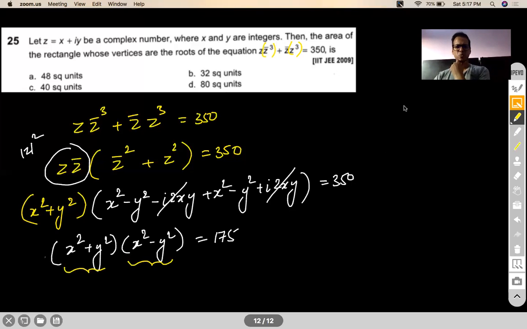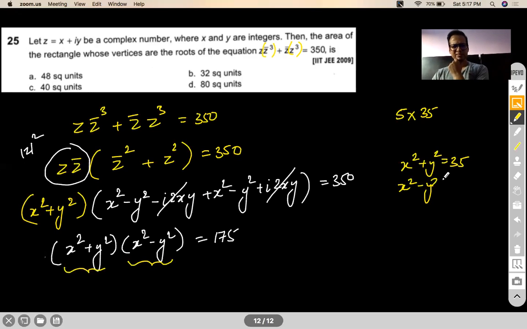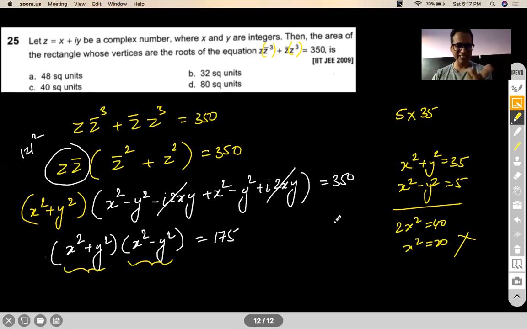So if I take 175 as 5 into 35, that means this is 35 and this is 5. So you will end up getting 2x square is 40, x square is 20. Nah, this will not work because x has to be integer. This combination will not work.